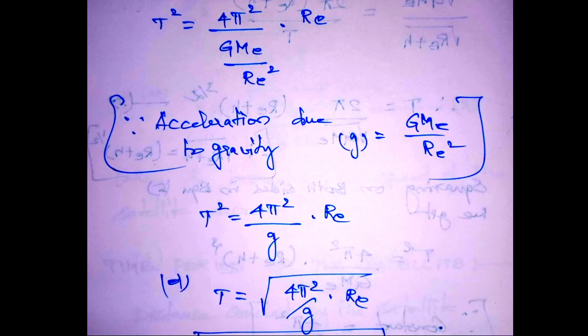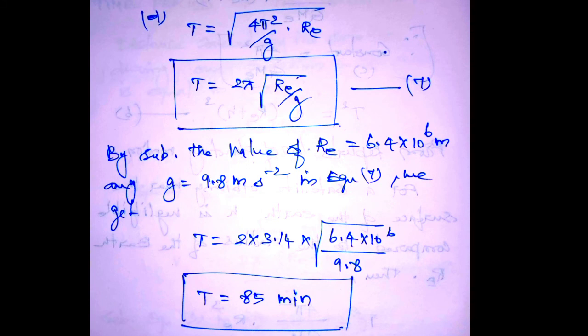We get T equals the square root of 4π² Re divided by g. Taking the common terms outside the square root, we get T equals 2π root of Re divided by g. This is equation number 7. This equation 7 represents the formula for finding the time period of the satellite revolving in the orbit.